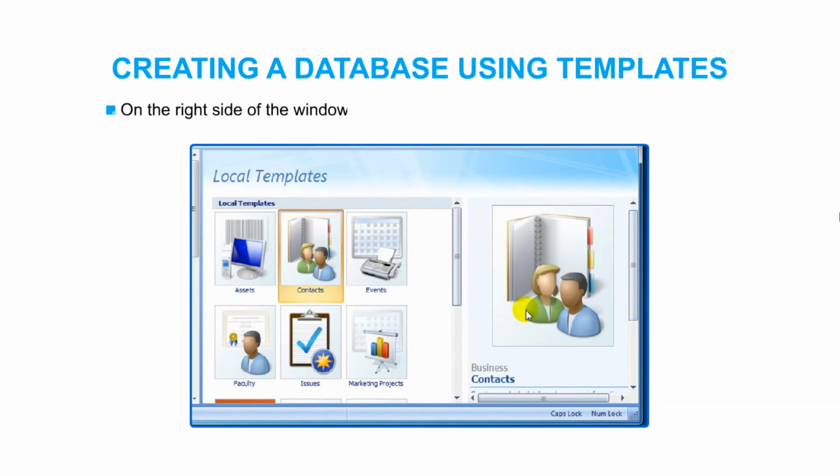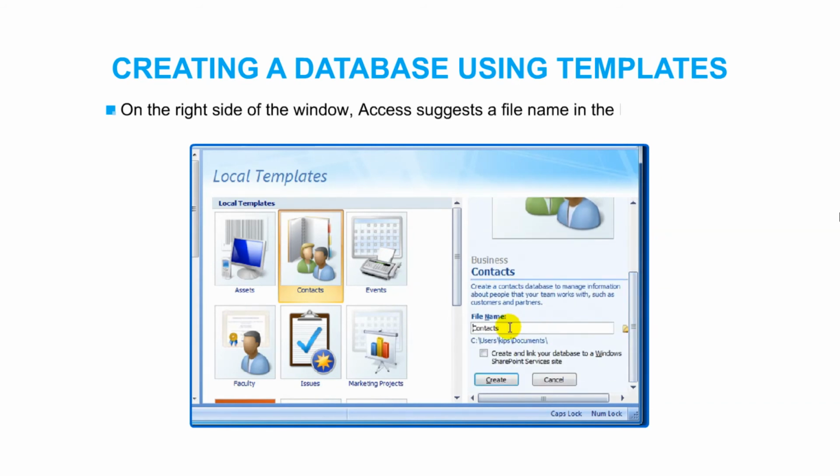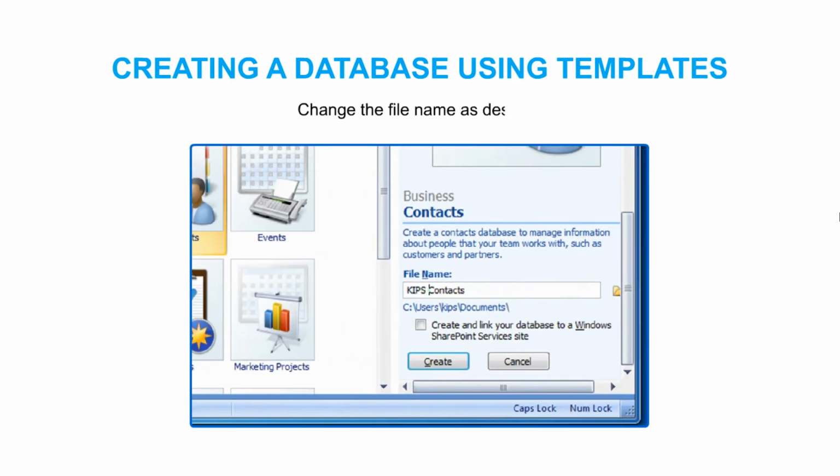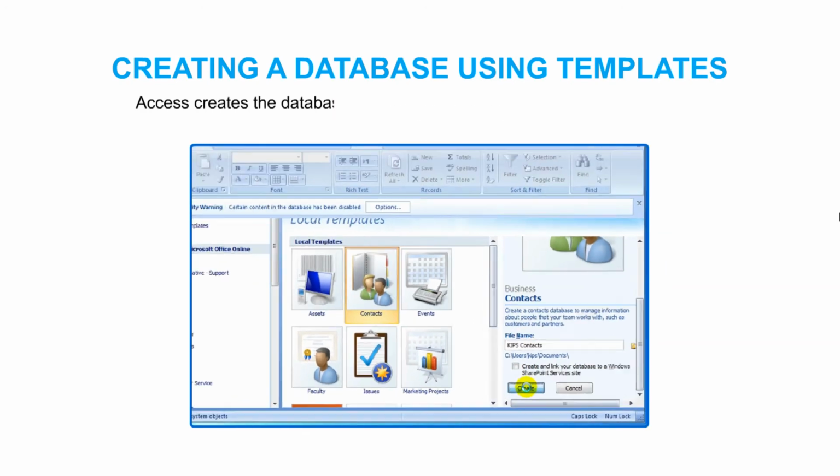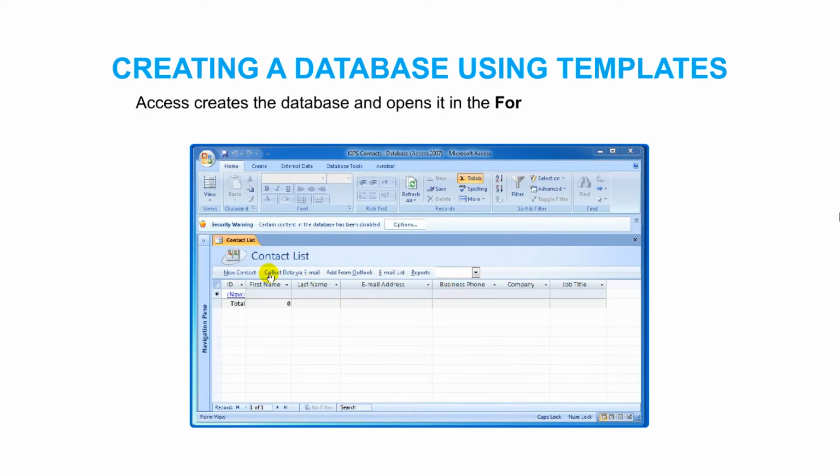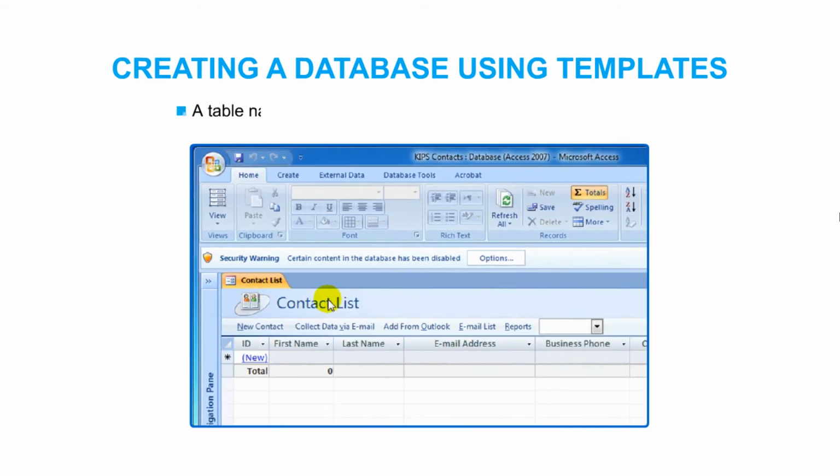On the right side of the window, Access suggests a file name in the file name box. Change the file name as desired. Click on Create button. Access creates the database and opens it in the form view as shown in the below figure. A table name contact list is displayed in the database window.